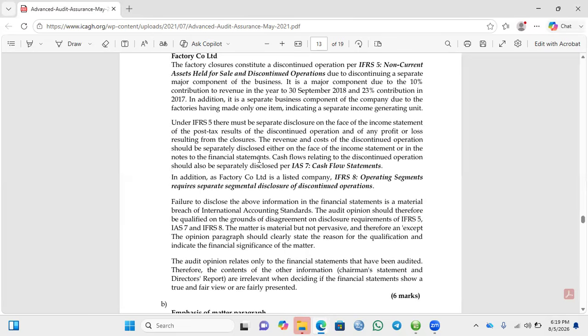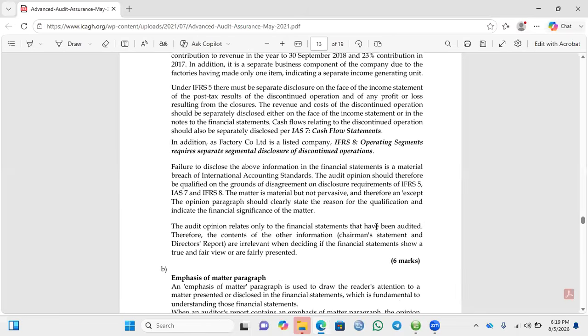So it means for Factory Co, there are issues there, because they were supposed to make a disclosure of that asset held for sale and discontinued operations. They didn't do that. Okay. So the audit opinion relates only to the financial statements that have been audited. Therefore, the content of other information is irrelevant when deciding if the financial statements show a true and fair view.